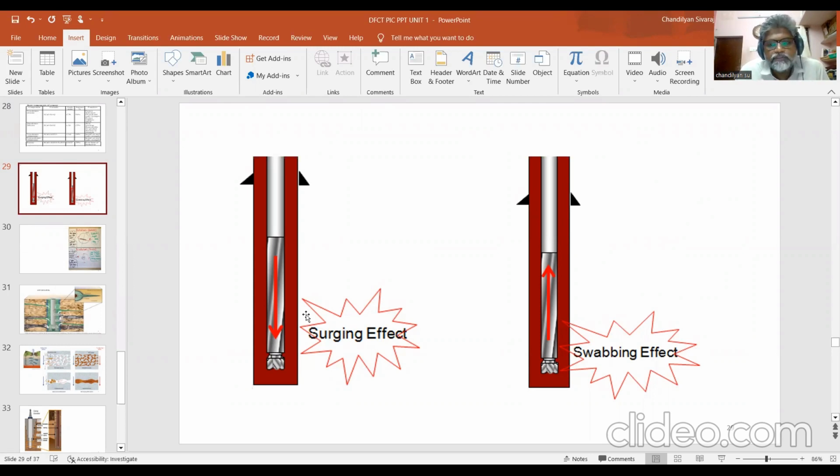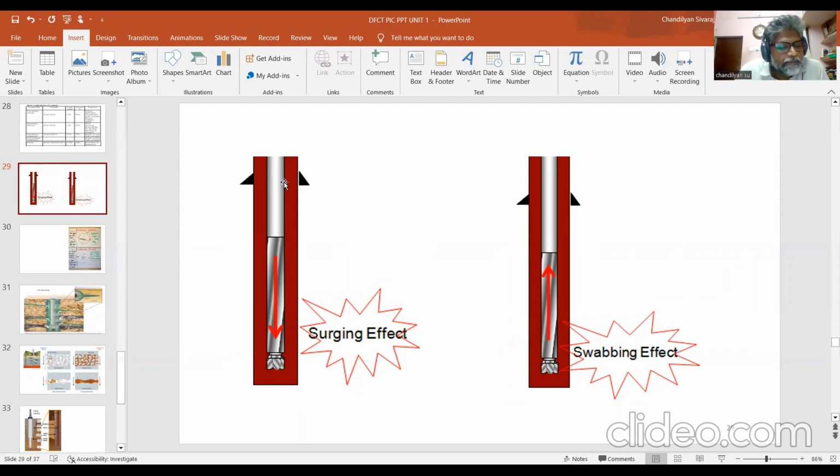Surge is actually a BHP increase, when the drill string as well as the drill bit goes down. So when the drill string is going down, what is the change in the resulting pressure at the bottom? What happens to the BHP?